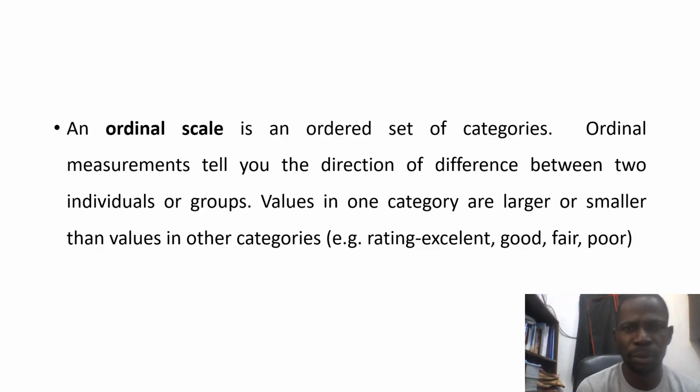For example, a clear example is an athletic race. In a 100 meters race, the first person that gets to the finish line is the first. The second person is the next, second, while the next person will be the third, the fourth.